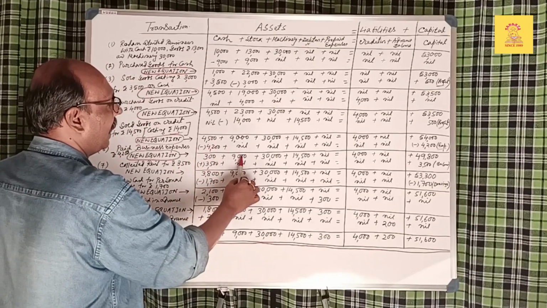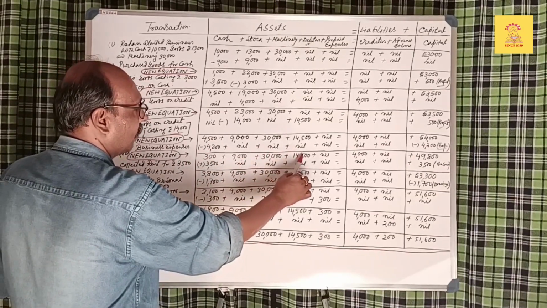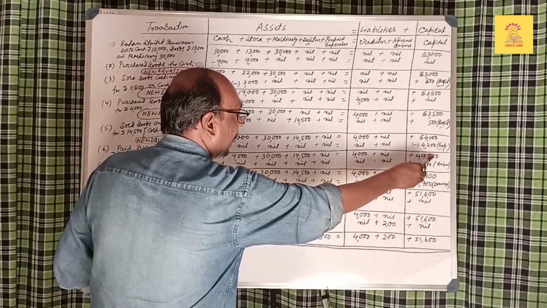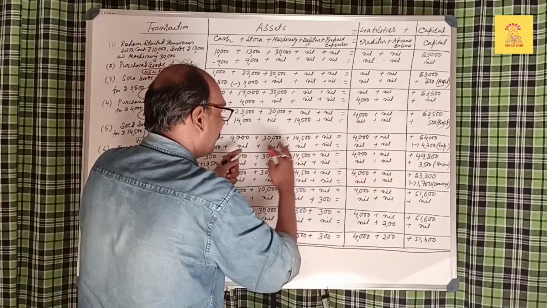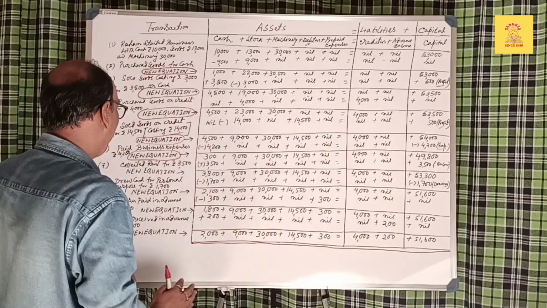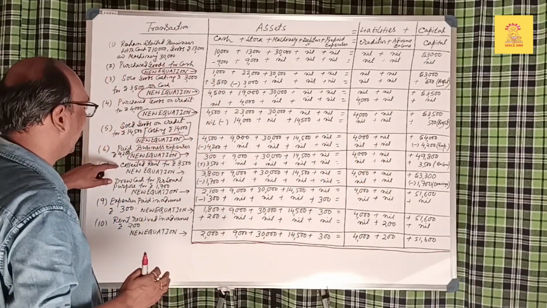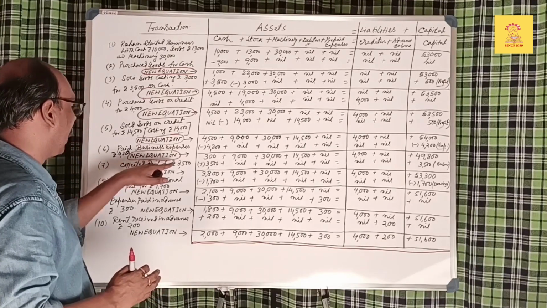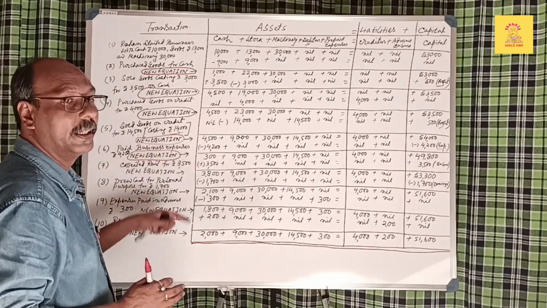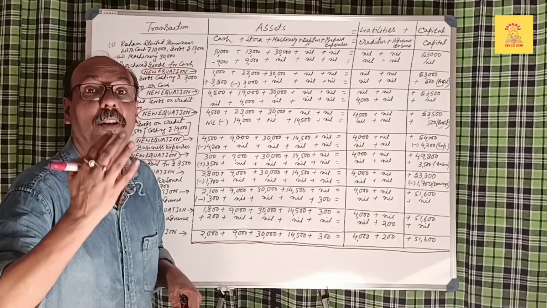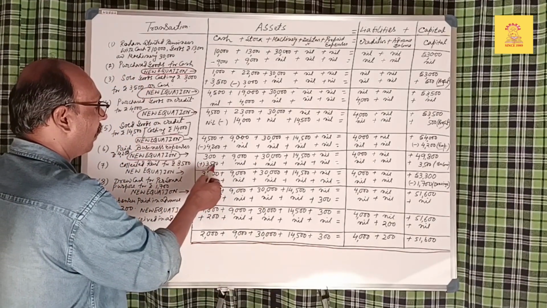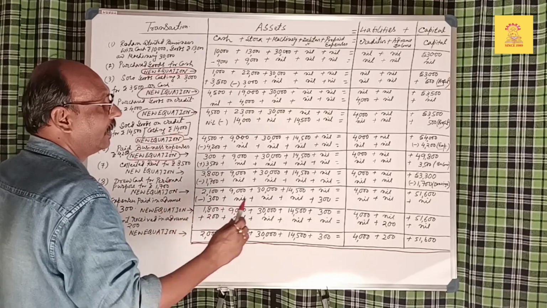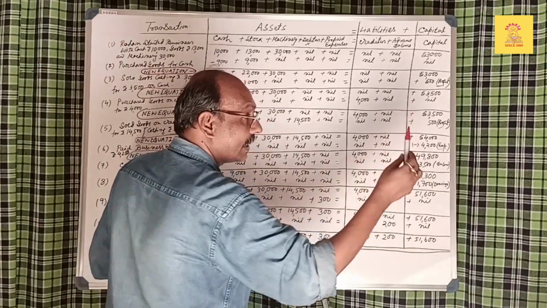So 300 plus 9,000 plus 30,000 plus 14,500 is equal to 49,800 plus 4,000. The same thing, 53,800 on both sides. Next, collected rent for rupees 3,500. Here rent is treated as income. You have collected something, so your cash position increases by 3,500, and it affects your capital as it is an income.